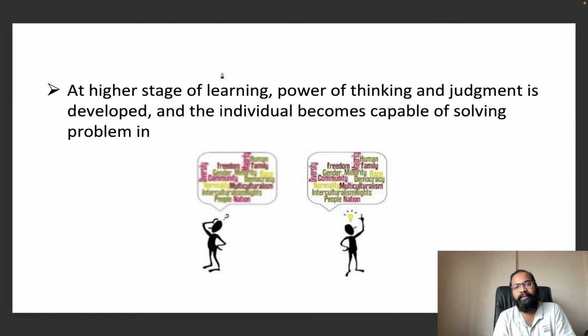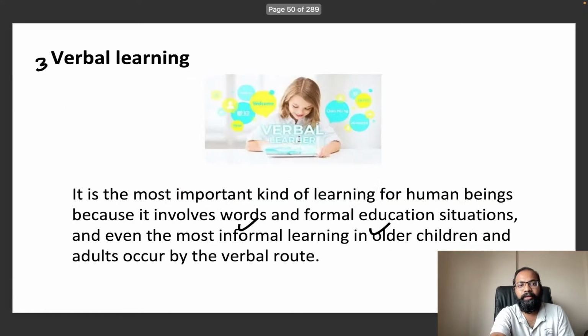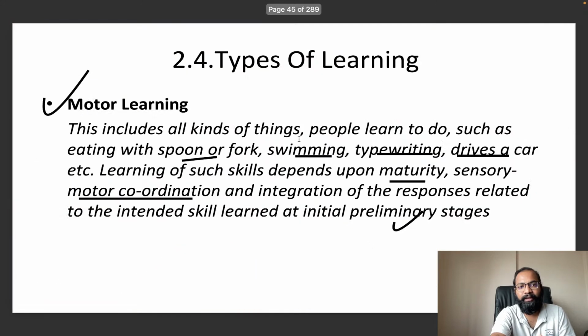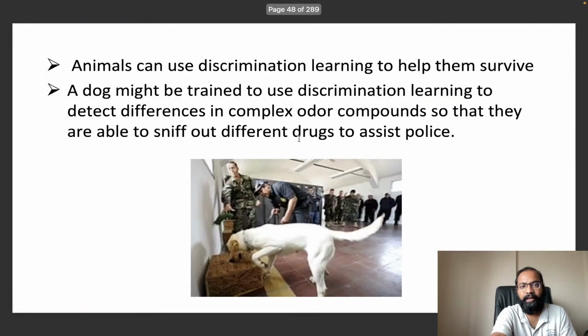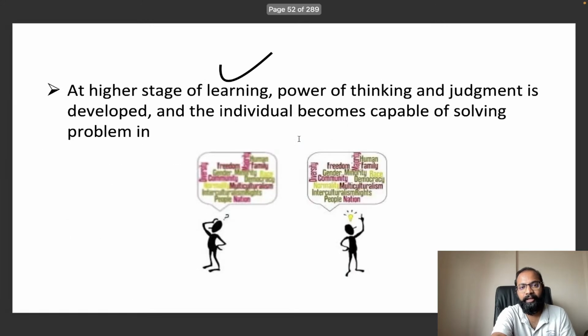And at the higher stage of learning, the power of thinking and judgment will be highly developed, and the individuals are able to solve their problems themselves, right? And so these are the four different types of learning: motor learning, discrimination learning, verbal learning, and the concept type of learning.